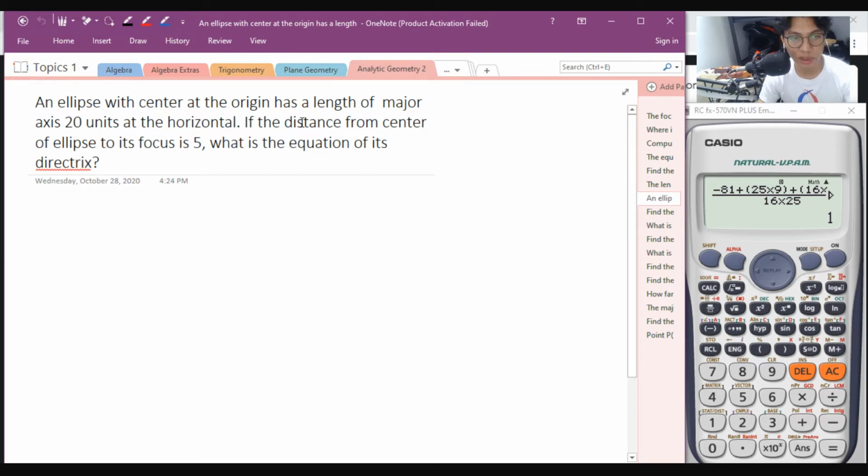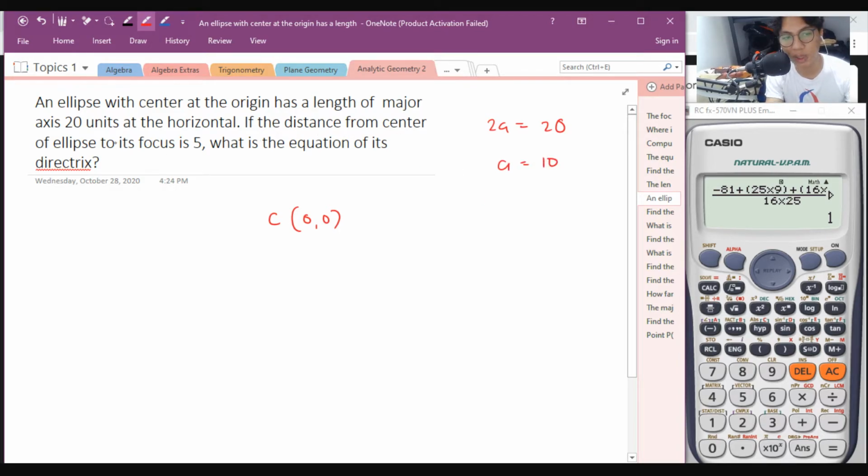Next problem. An ellipse with center at origin, meaning C is at (0, 0), has length of major axis 20 units at the horizontal. So 2a is equal to 20, so a is equal to 10.